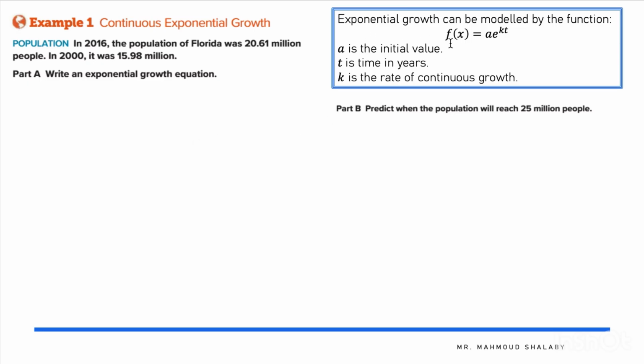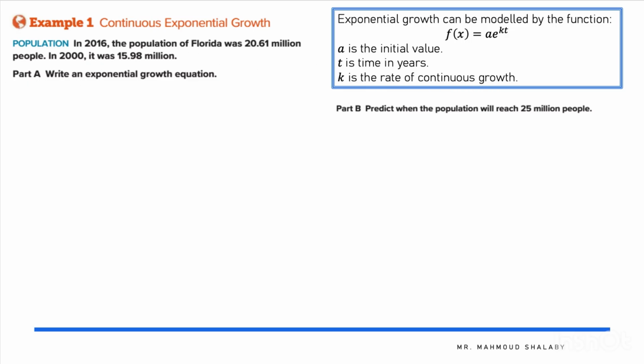Exponential growth can be modeled by the function f of x equals a times e to the power of kt. If you remember, a represents the initial value, e is the constant, t is the time in years, and k is the rate of continuous growth.